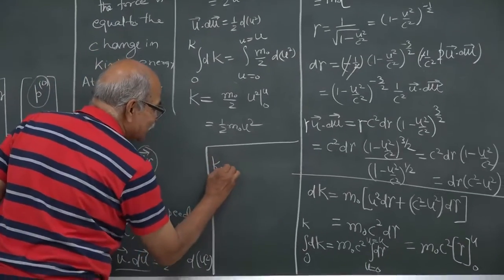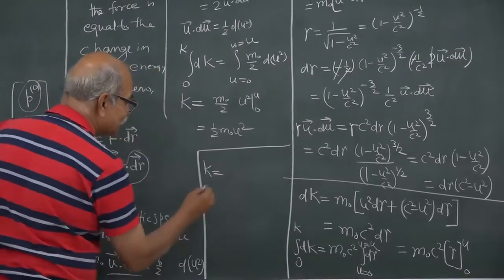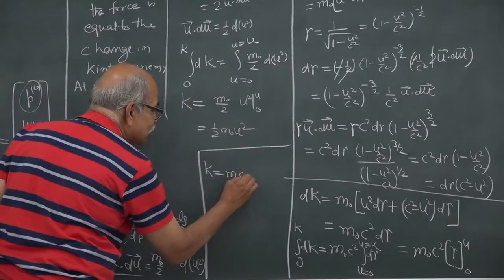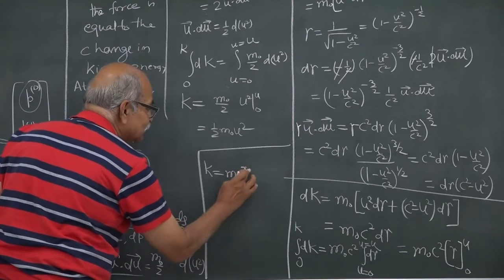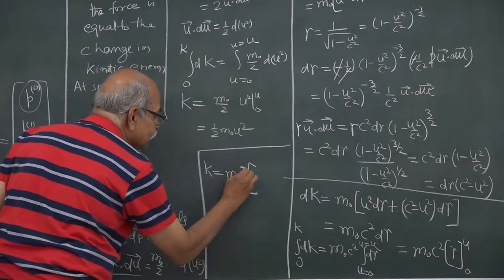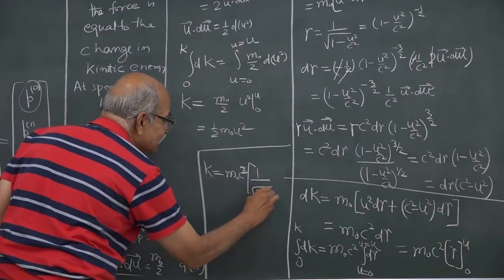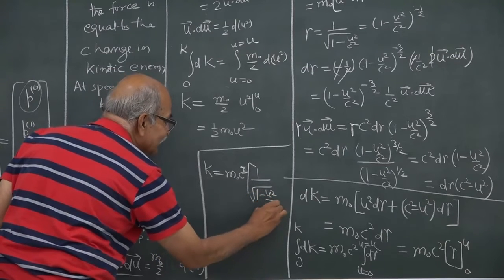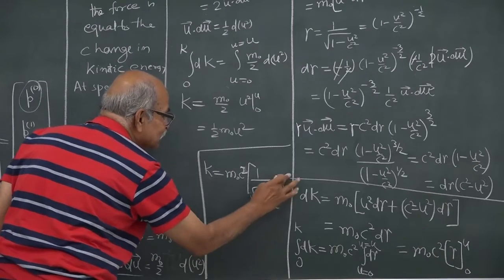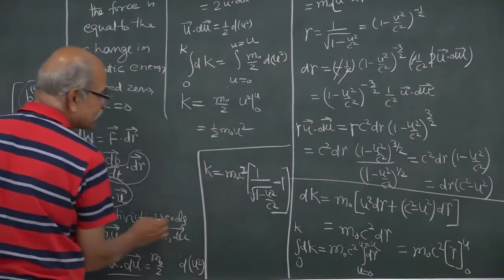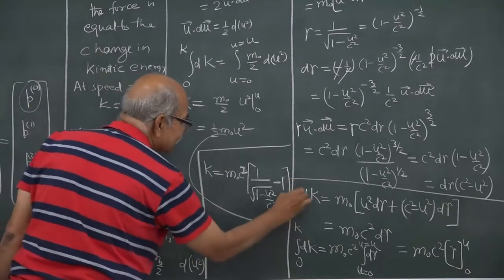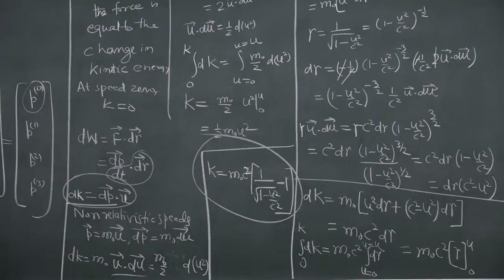This k is equal to m naught c square, and then within bracket 1 by square root of 1 minus u square by c square, minus 1. This is that kinetic energy expression that we are looking for.